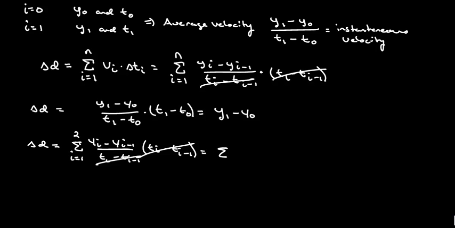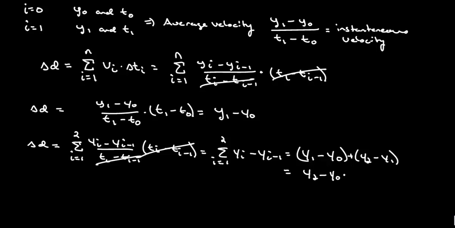Okay, so this is equal to the sum, i goes from 1 to 2, of y_i minus y_{i-1}. When I plug in 2, I start at 1. So it's going to go y_1 minus y_0 plus y_2 minus y_1. And so these guys are going to cancel. I'm going to be left with y_2 minus y_0. End position minus initial position is your change in distance.